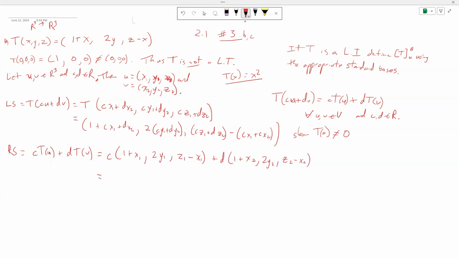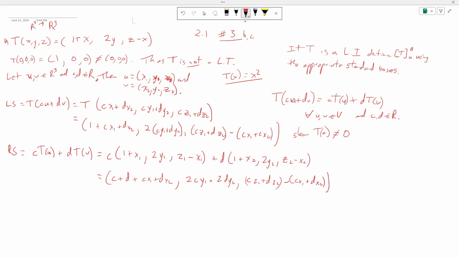I'm going to collect these together now to get (c plus d plus cx1 plus dx2, 2cy1 plus 2dy2, cz1 plus dz2 minus cx1 minus dx2).